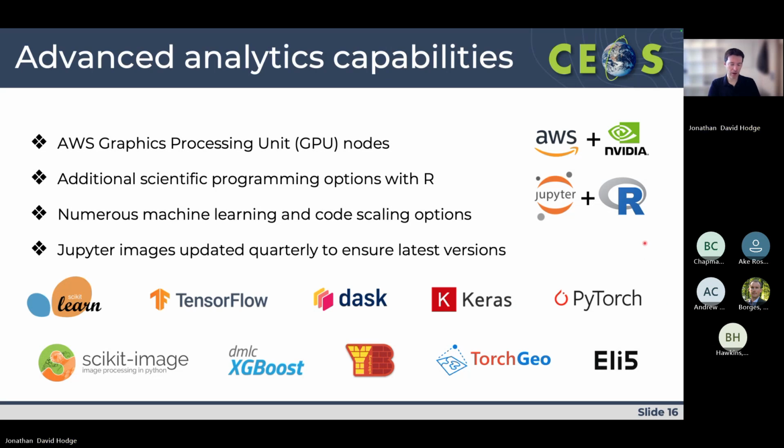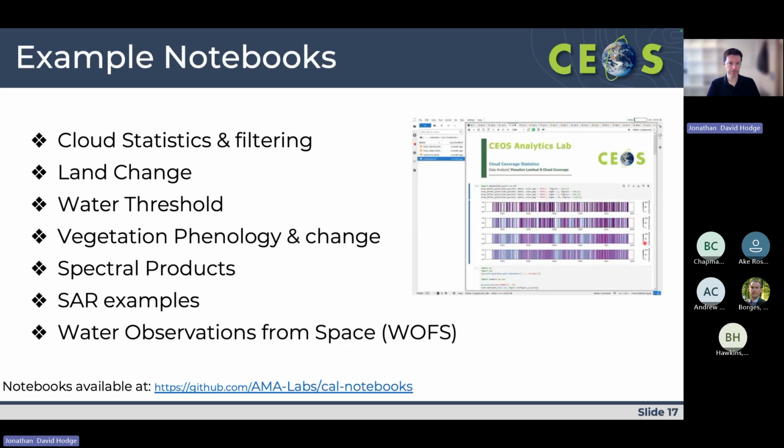It's not as connected to things like Open Data Cube as the Jupyter environment, but it's there if people want to use it. Lots of machine learning libraries, lots of other Python libraries and advanced processing libraries that are already in the system. And we update these images generally every quarter. So we try to keep up to date with the latest Python versions of all of these packages.